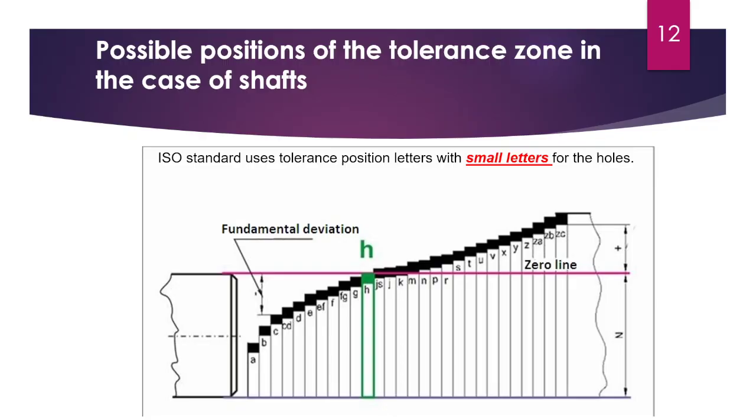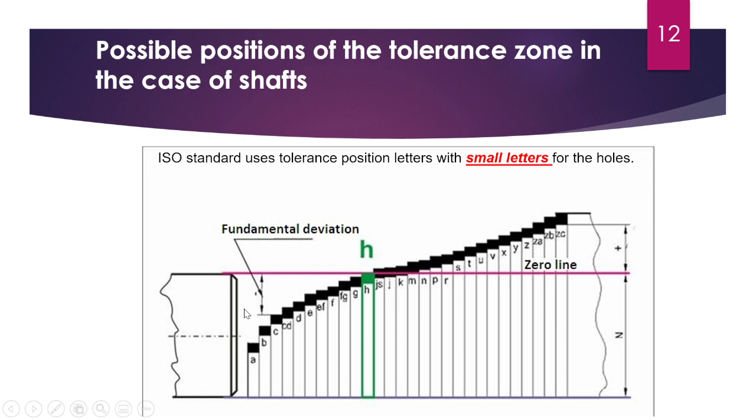The same is for the shaft, but here the standard uses tolerance position letters with small letters for shafts. Sorry, there's a mistake here, this one is for holes. Okay, then for shafts we use small letters, the same starting from A until ZC, and this is my zero line here.